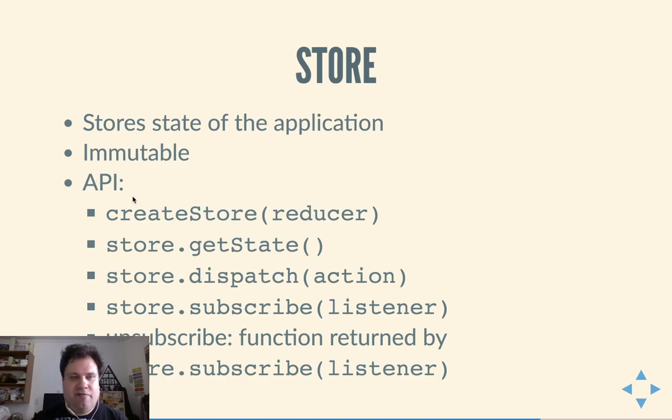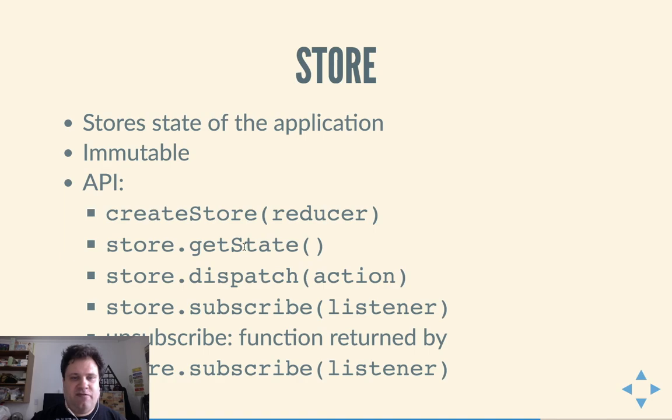So first off, when you're going to create the store for your application, you call the createStore function of Redux and you pass it the root reducer as its only argument actually. Then that returns a store object. And this store object has three main methods in its API.